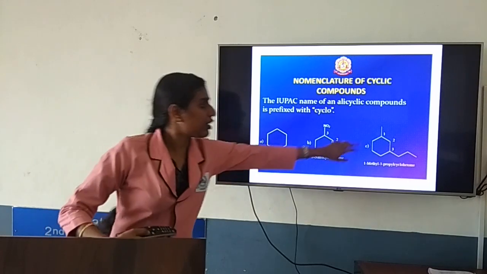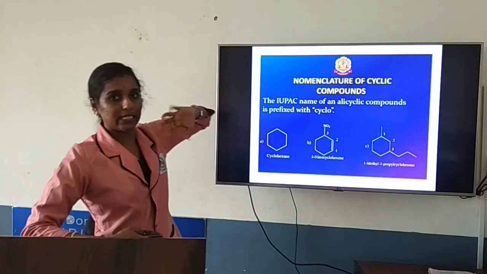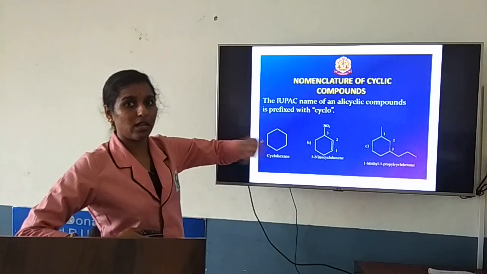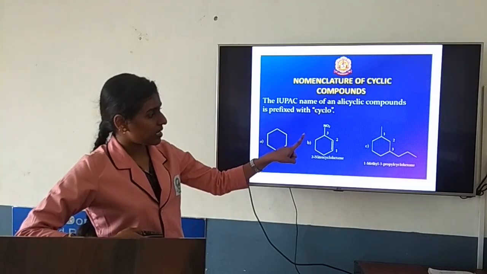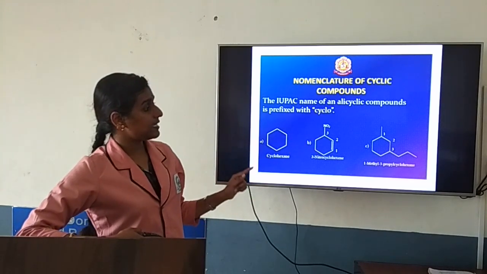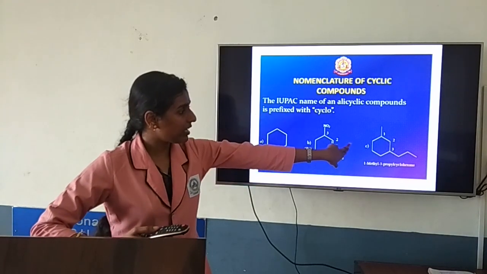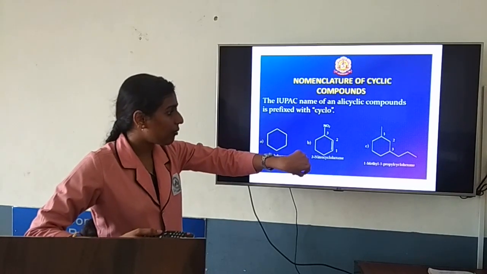Again here the methyl group is present. If nothing is represented, then a methyl group will be there, based on the bond and structure which I have taught in the last topic. Now consider 6 carbons are present, again hexane, single bond it is, and at the first position a methyl group is present. The third position is having a bond-like structure. Write the number of carbons over there. How many carbons?